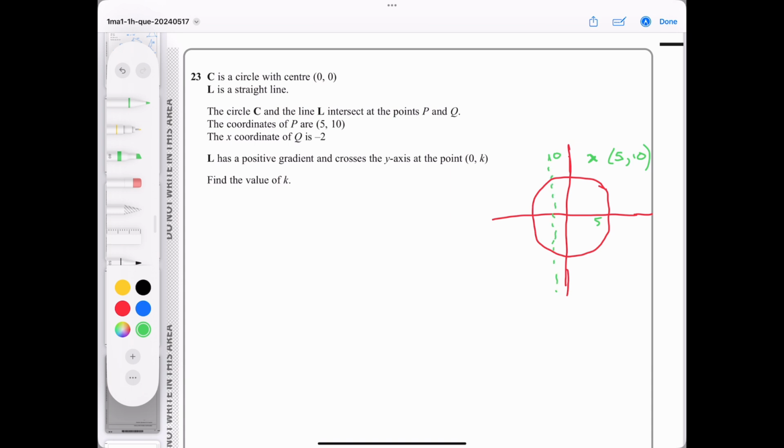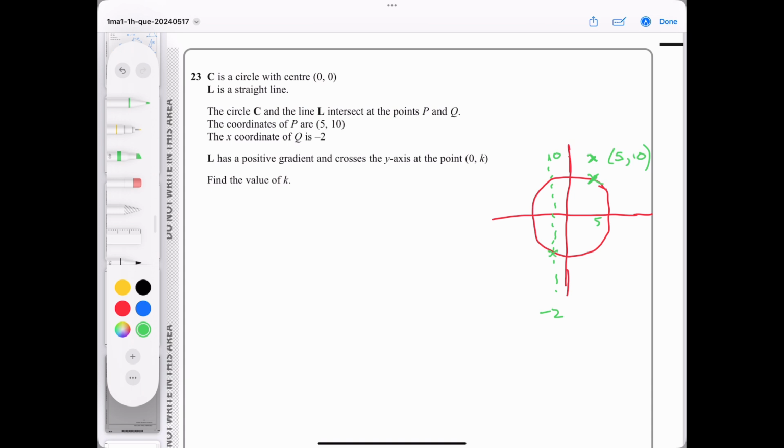The x coordinate of Q is somewhere on that line. L has a positive gradient and crosses the y-axis at something. Find the value of k. So it does actually overlap, and this one is at minus 2.